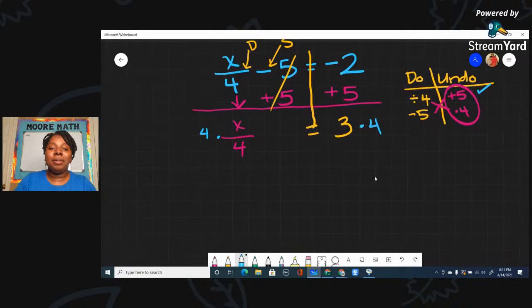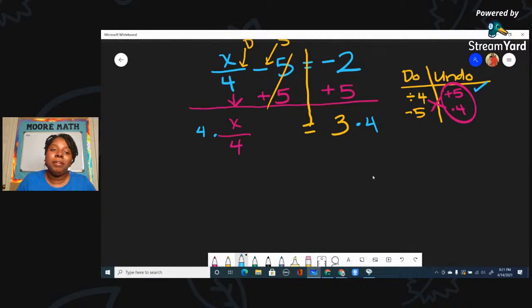Now my 4's cancel out and I am left with x. 4 divided by 4 is 1, and 1 times x is x. 3 times 4 is 12, and x equals 12.